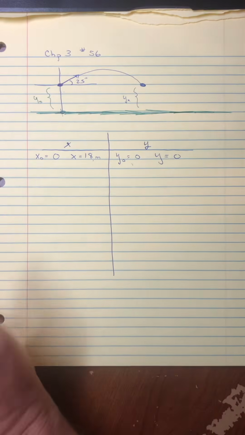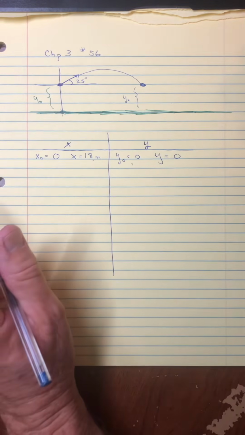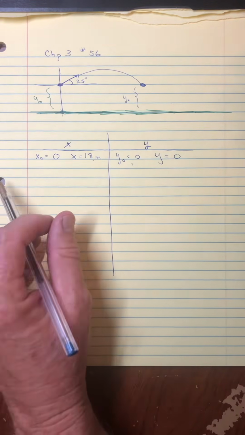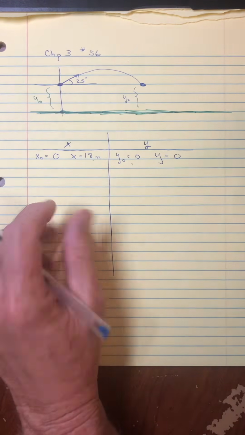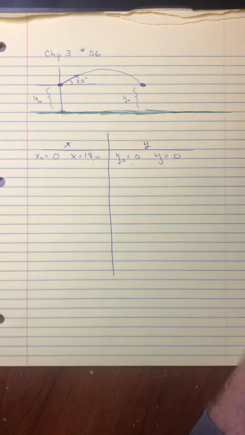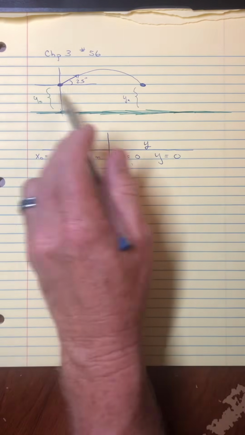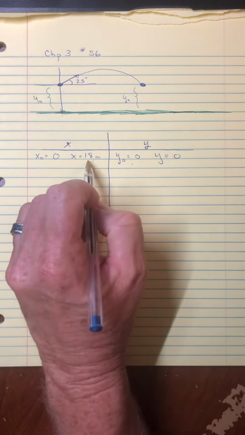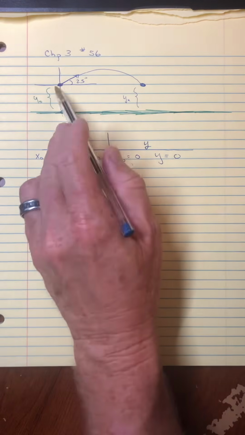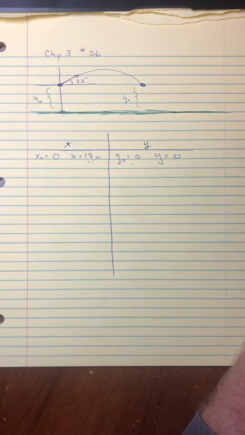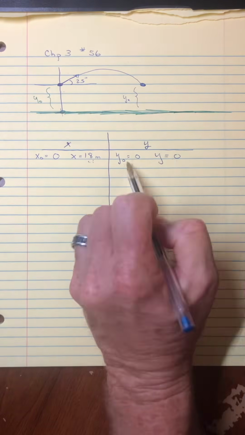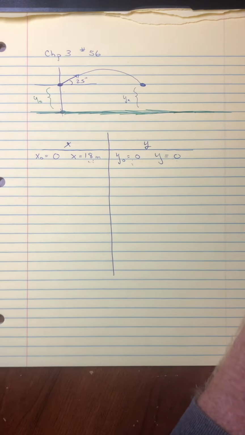And maybe he was at 18 when he threw the ball, so that player was wide open and just stood there, and no defender was around. Anyways, the problem could be stated better, but I think that's what they mean. It goes 18 meters in the horizontal direction, and it goes up a little bit, but comes back down and lands at the same height or is caught at the same height that it is thrown.